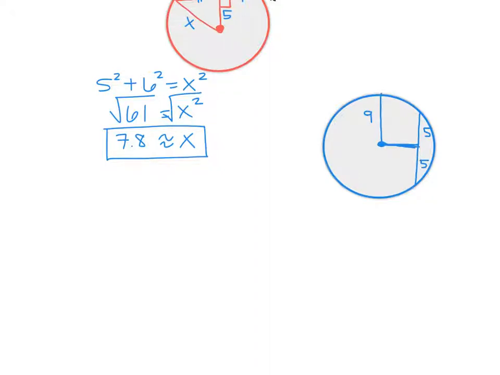We have a center of the circle. What can you do with that? Sorry, we're looking for this piece. I guess I should put an X there, huh? How can you find that? It's not a radius, part of a radius?